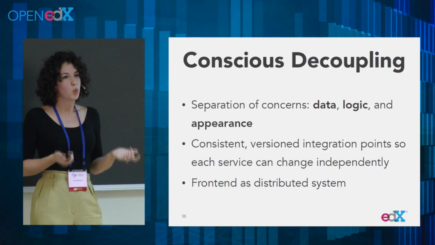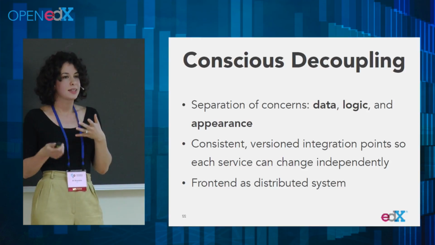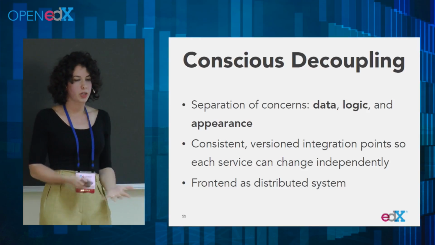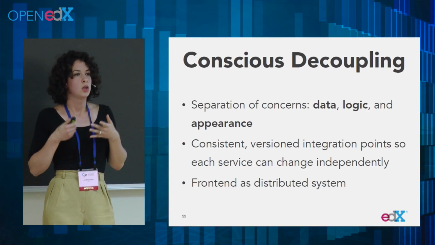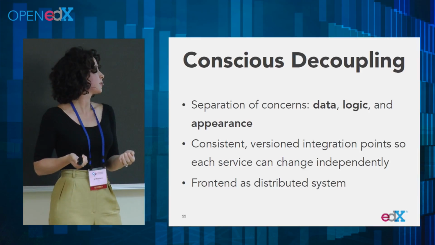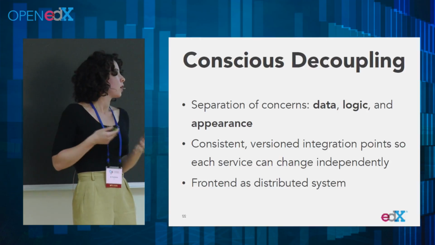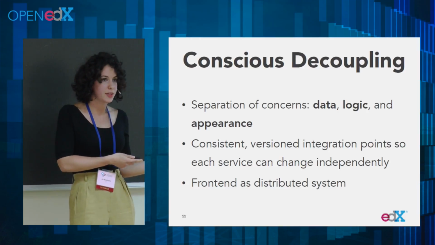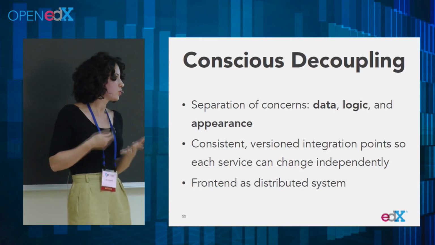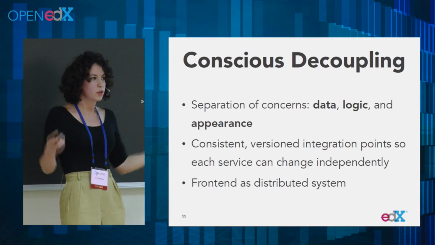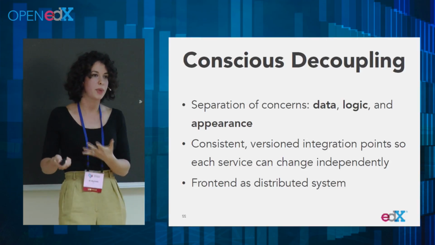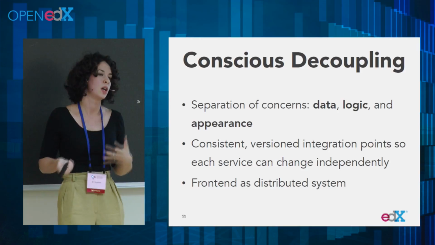We think of it less as an all-in-one application and more as loosely coupled services, kind of like a mini distributed system. We maintain integration points in between the three of them so that each service internally can change independently without breaking everything else.